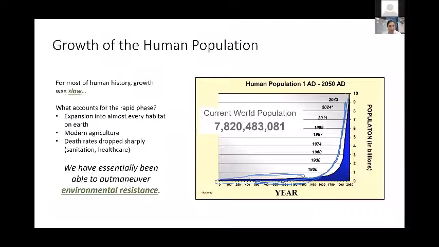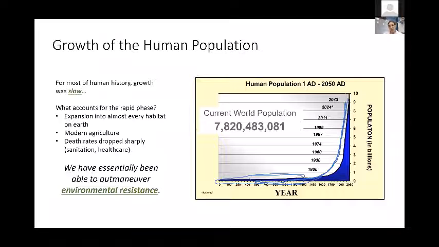Number one, we've been able to expand into almost every habitat on Earth. So our population is not limited by space. We also have modern agriculture, which allows us to have a high productivity of food in a small amount of space. So we have plenty of food to feed most people.